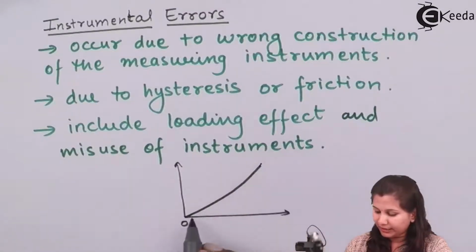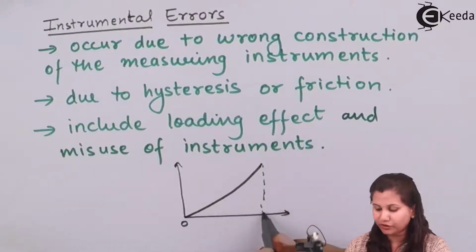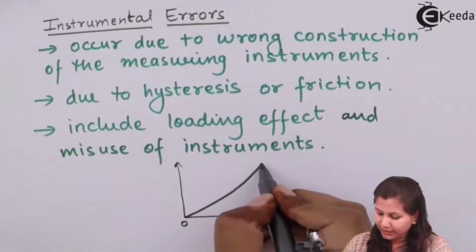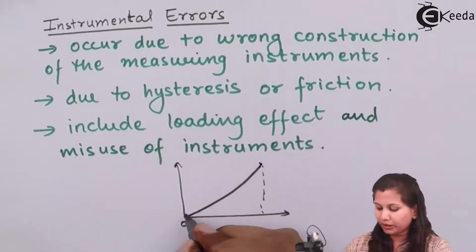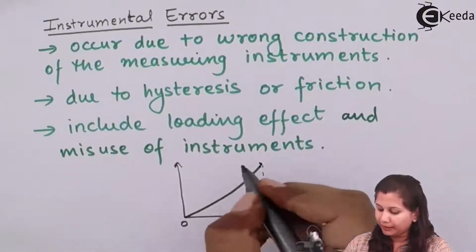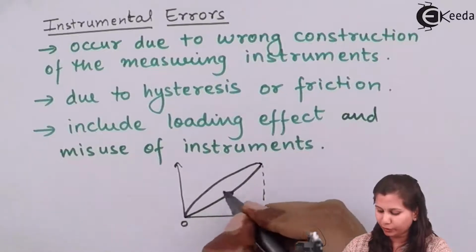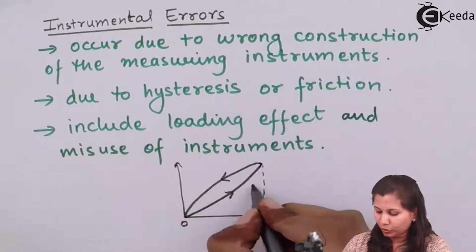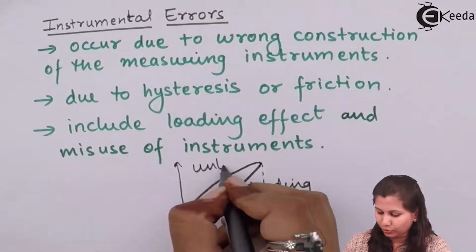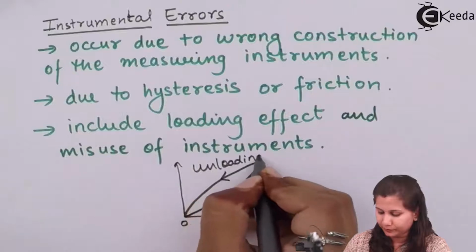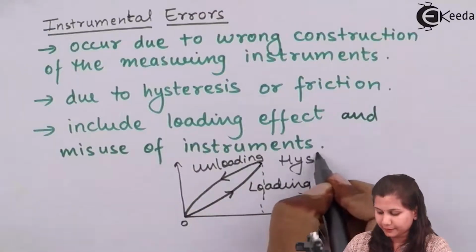Now, when we are decreasing the input from its full scale, this is the full scale of the instrument, and we are decreasing it from full scale to 0, the instrument should follow the same curve, but it is not following the same curve. It goes in some different way. So this is called the loading, and this is called the unloading, and this phenomenon is called hysteresis.